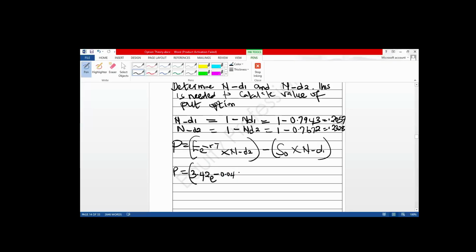Our letter T, 6 months, 0.5. Then this exponential is raised to the power. This multiply will come down. N minus d2, 0.2328.